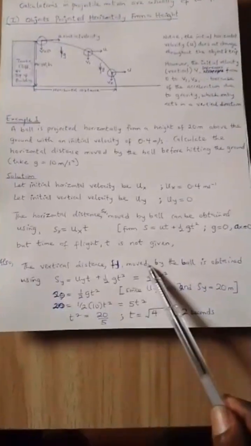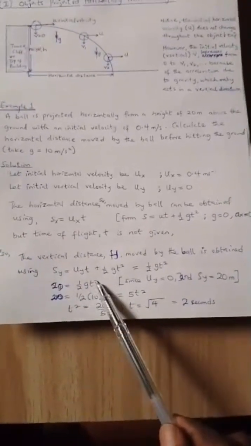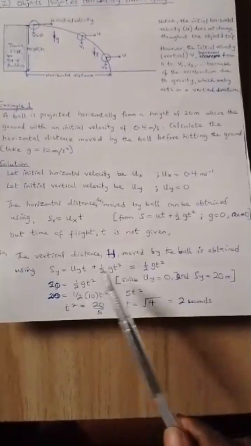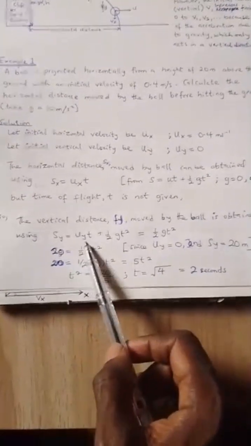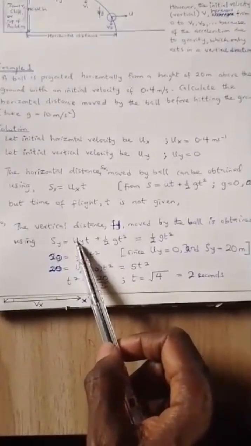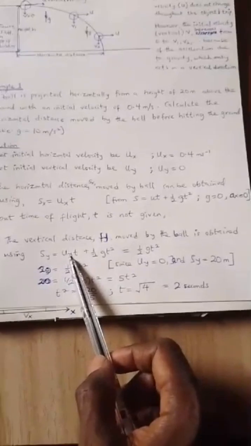The vertical distance moved by the ball is obtained using sy, as in the vertical distance. So slot that into this equation. I am specifying the direction, the components I'm dealing with. So vertical height is given by, of course, the vertical component of our initial velocity uy times t.